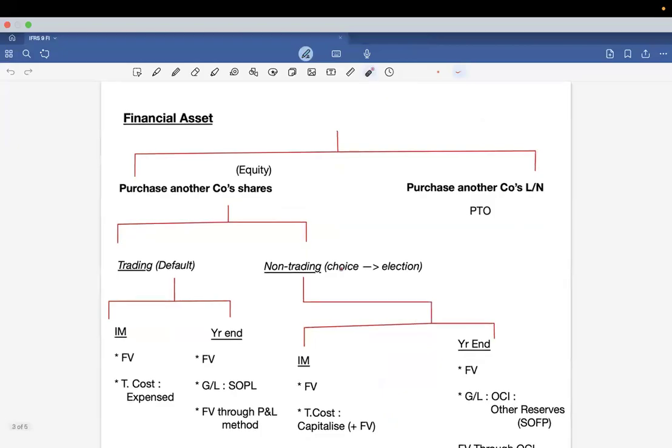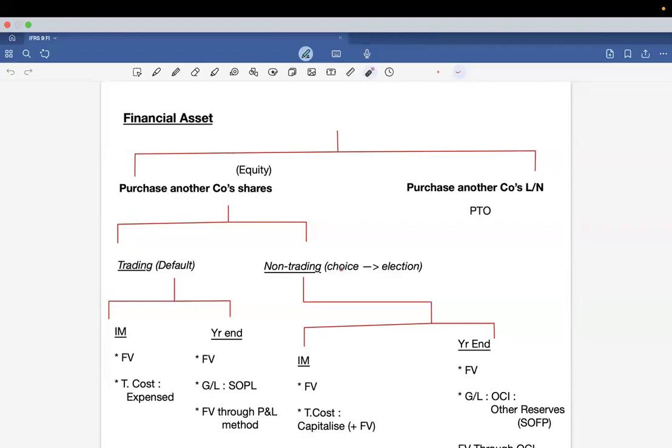Now, the next category is financial asset. Liability is something that we owe, right? So financial asset is the opposite of it. That means it's like an asset, debtors, it could be anything. This is where we are on the receiving end. There are two types of financial asset that we could own. One is purchasing another company's shares, equity.